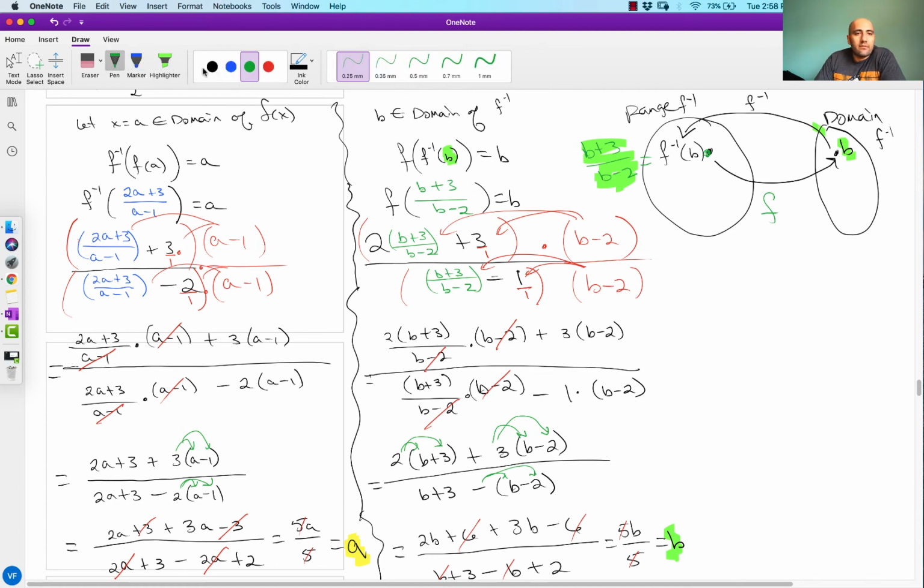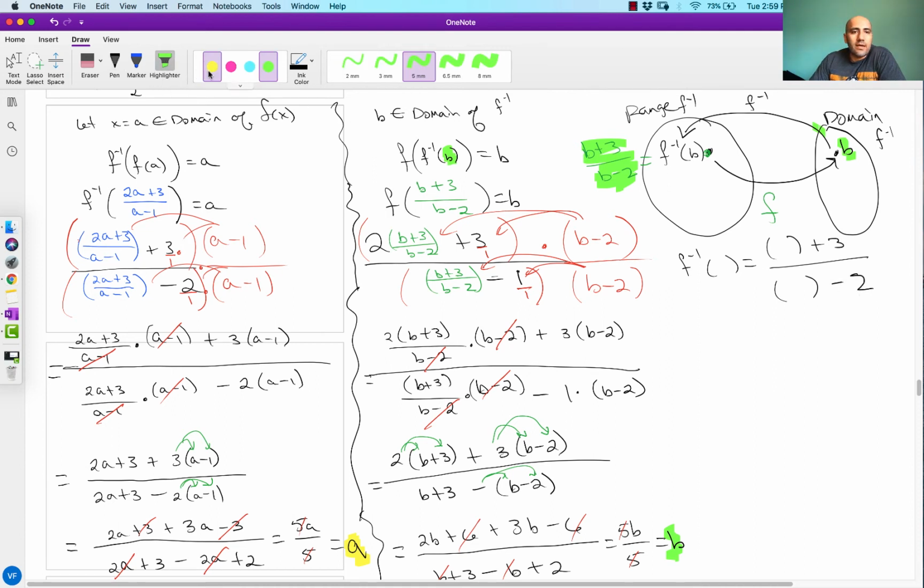I should write them down here again. So again, just to remember, the instructions for f inverse of x. We should write them this way. The instructions are blank plus 3 and blank minus 2.